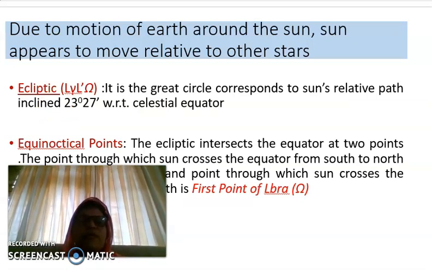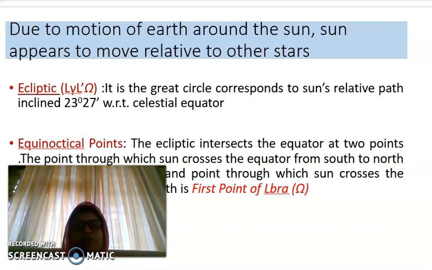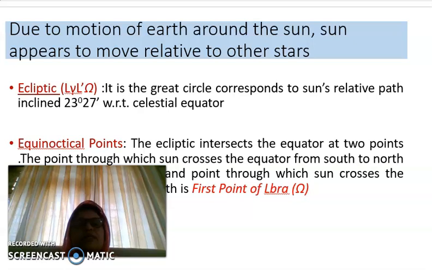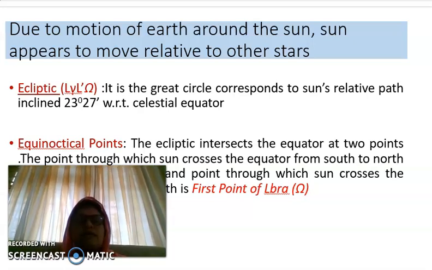Within 1 year it completes one revolution, and as the position of Earth is fixed within this celestial sphere, we find that the Sun's position is changing with respect to the other stars. That is, there is a relative path of the Sun with respect to other celestial objects, and that path completes one great circle within 1 year.